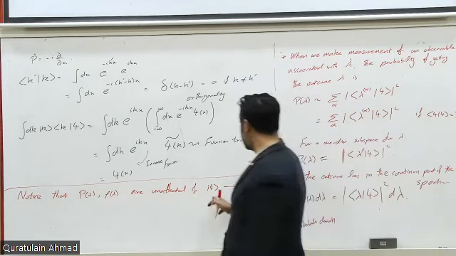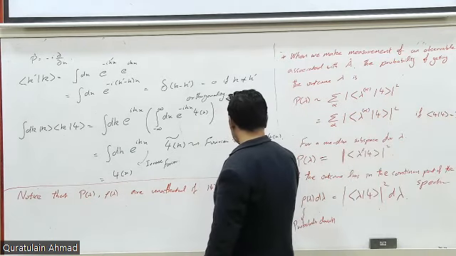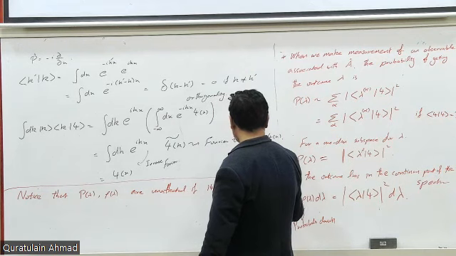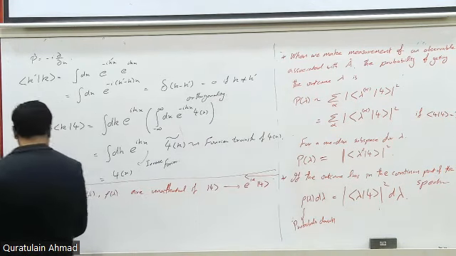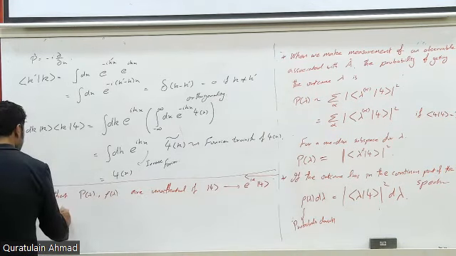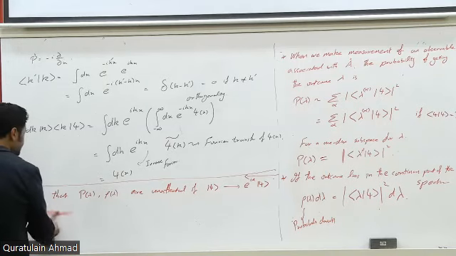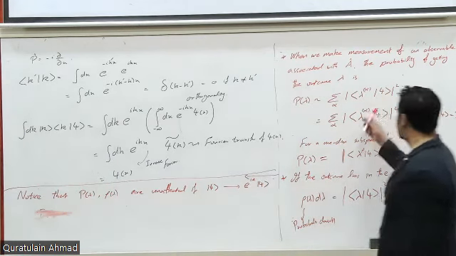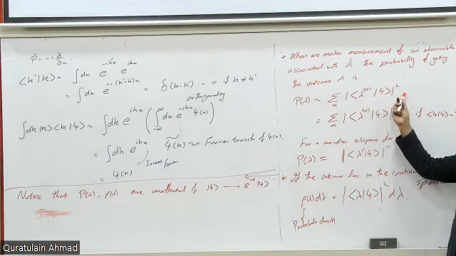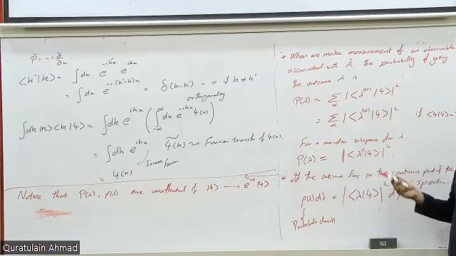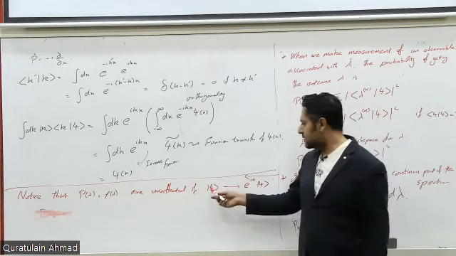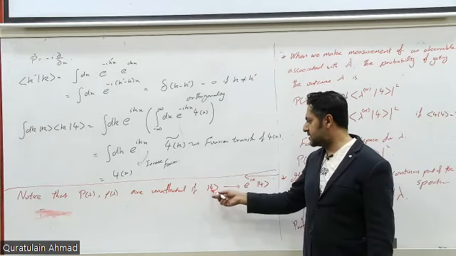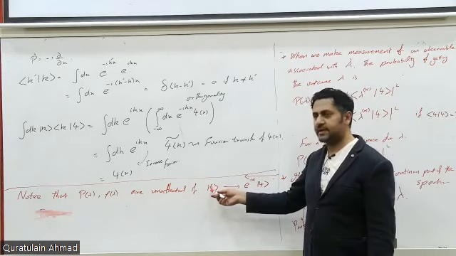But then I notice that if I change the state by this phase, the probabilities are unaffected, because this phase gets cancelled in the mod square. So what you then have is that a system is described by a state up to a phase.